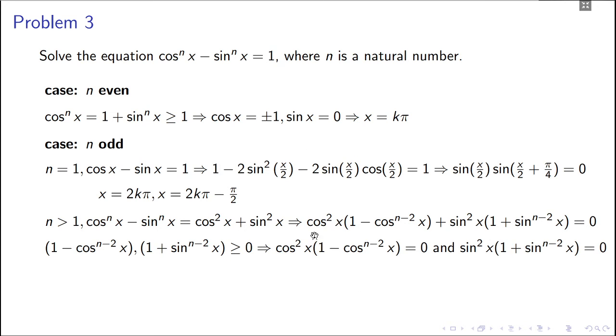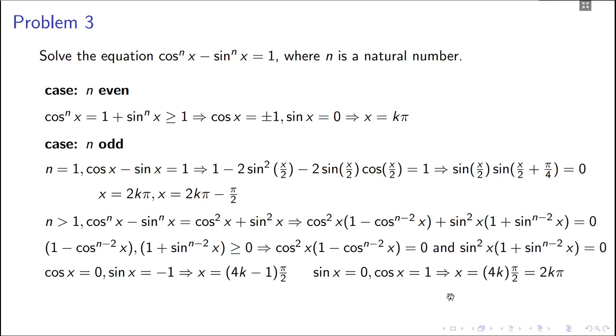So if cos x is 0, then this cannot be 0, so this has to be 0. If sin x is 0, then this has to be 0. Okay, so you look at those two cases. So if cos x is equal to 0, then sin x has to be minus 1. That gives one solution. If sin x equal to 0, then cos x will be 1.